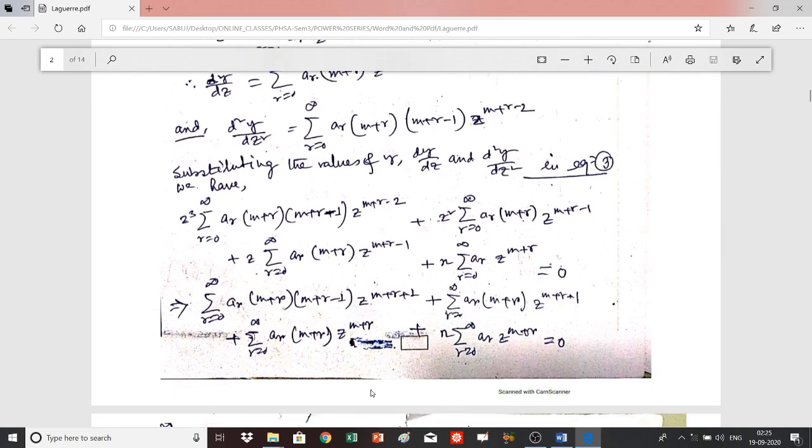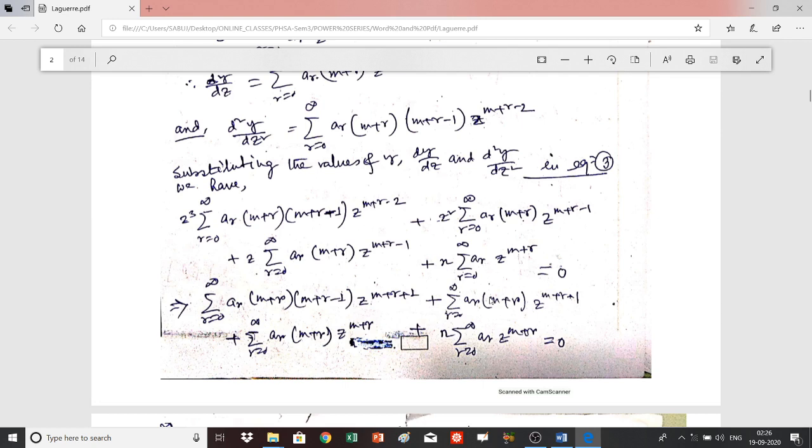And now our next motivation is to simplify it as simply as possible. From this you can easily understand that the first expression will give a r (m plus r)(m plus r minus 1) z to the power m plus r plus 1, since it is z cube and the power is minus 2, with r from 0 to infinity.